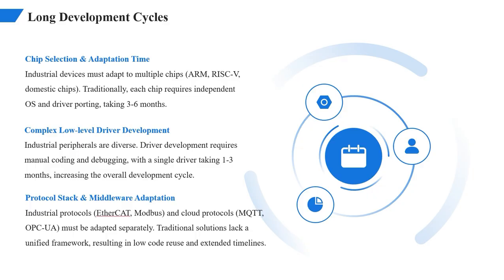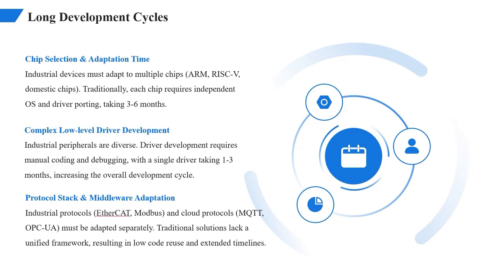Industrial devices must support multi-chip architectures like ARM and RISC-V, and increasingly many Chinese chips. In traditional development, each chip requires independent operating system porting and driver adaptation, typically consuming 3 to 6 months per chip.